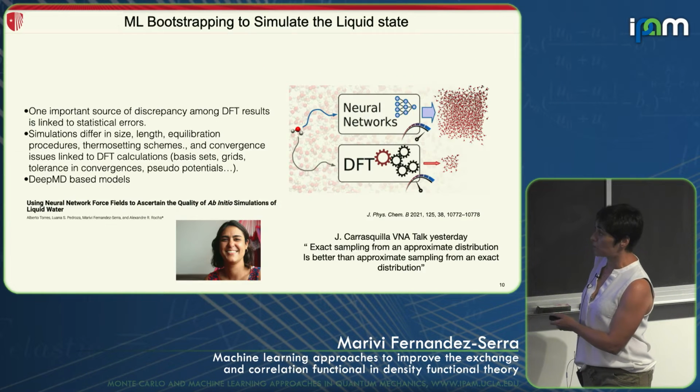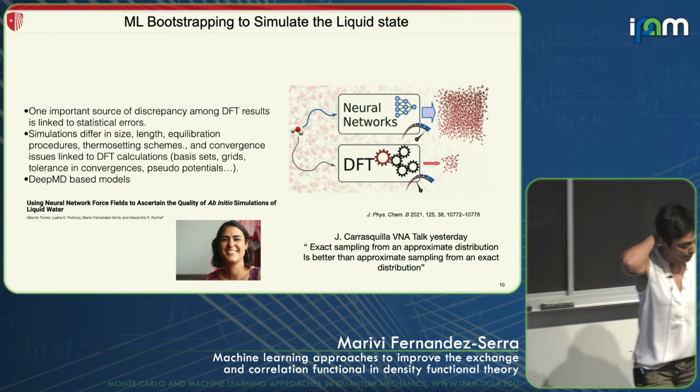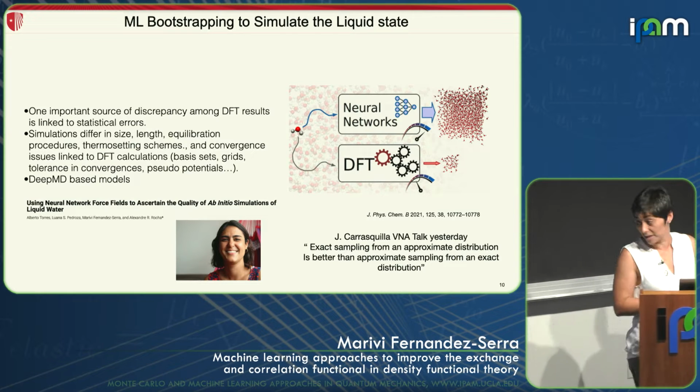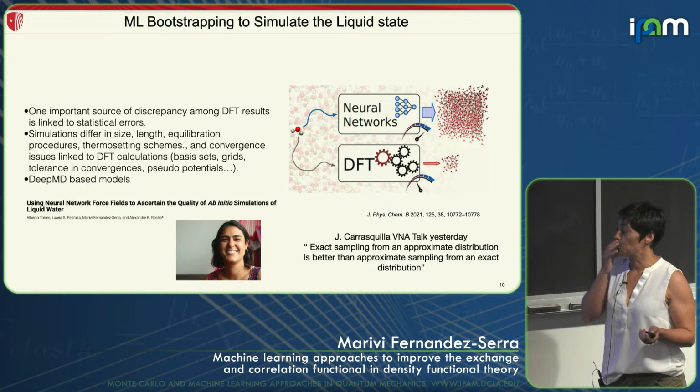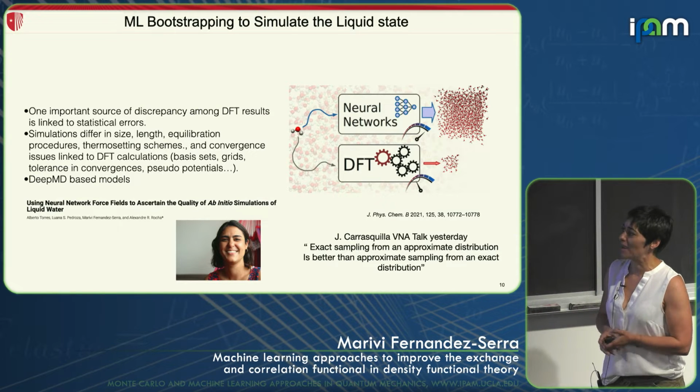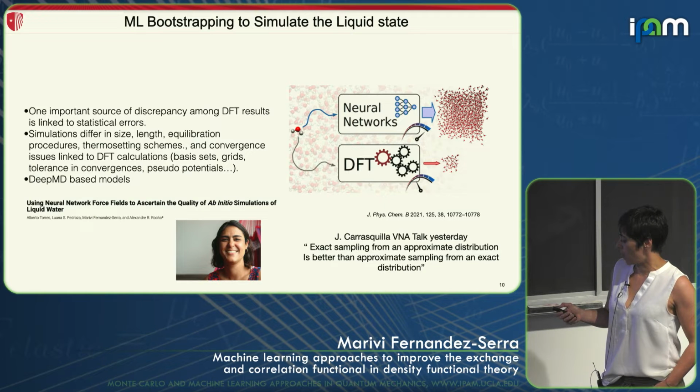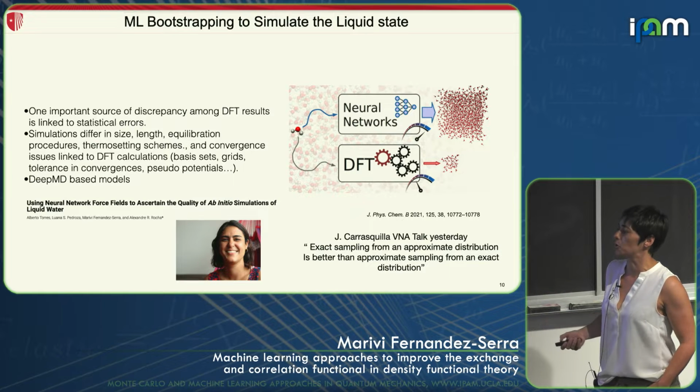Now, I just want to make a note that all these simulations were done following the same sort of path that David described this morning. They were done with a neural network potential, DeepMD, which is fitted to reproduce DFT.